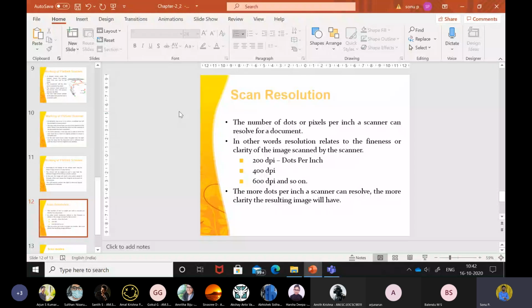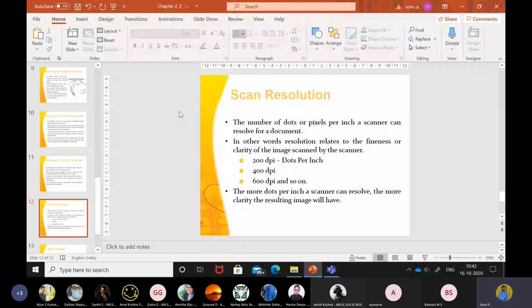Whenever you scan an object, the size of the object can be an A4 sheet or a passport size photo. How much information is stored in that image? The number of pixels present in a particular unit square of 1 inch is called dots per inch. It is actually the resolution: dots per inch.